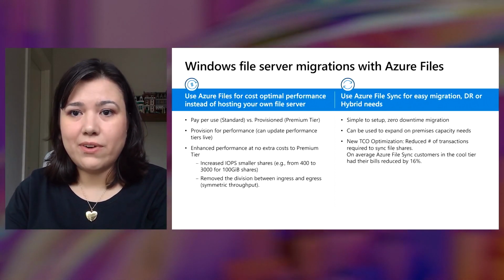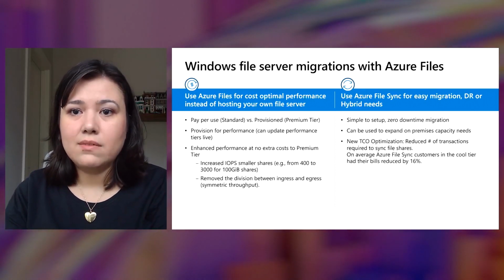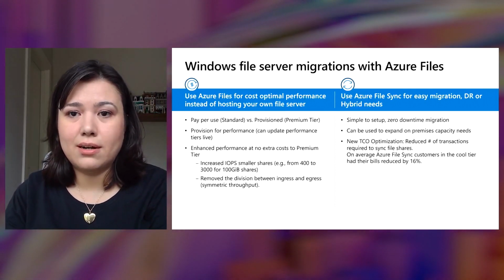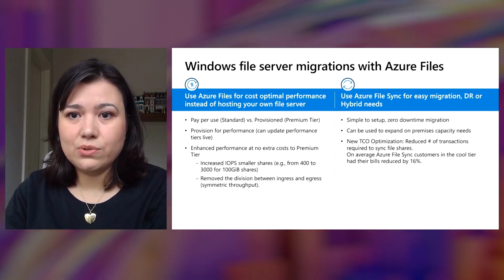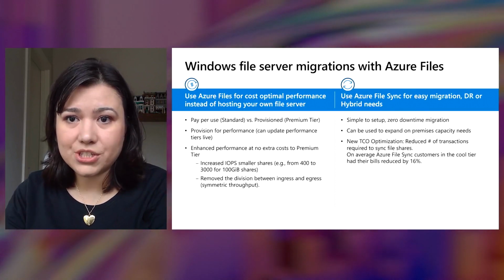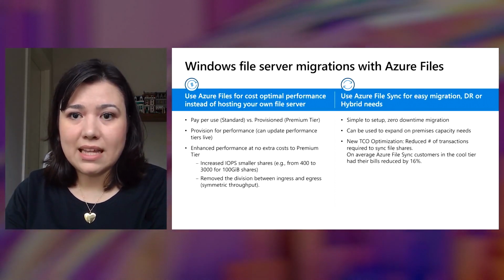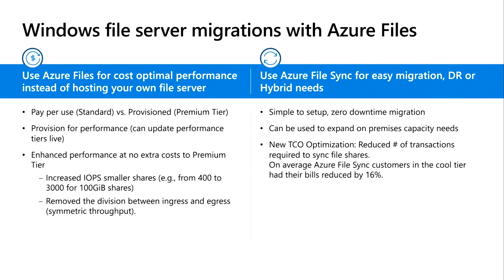Then on the premium files tier, we have made lots of improvements to performance. With the multi-channel feature, you can achieve increased throughput. We also removed the limits between egress and ingress separation, so that you can leverage a single throughput pool. This optimizes cost for a workload that is either read-heavy or write-heavy and that had to plan in advance or over-provision to get the throughput it needed.